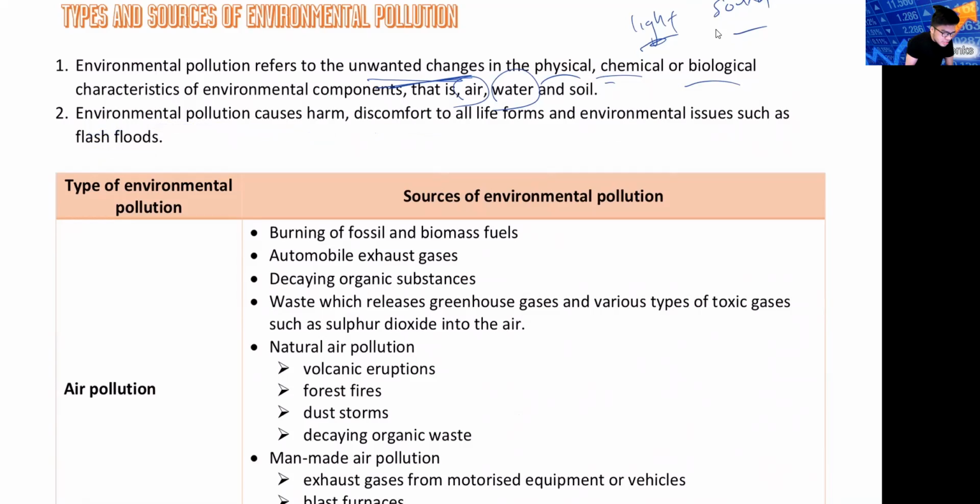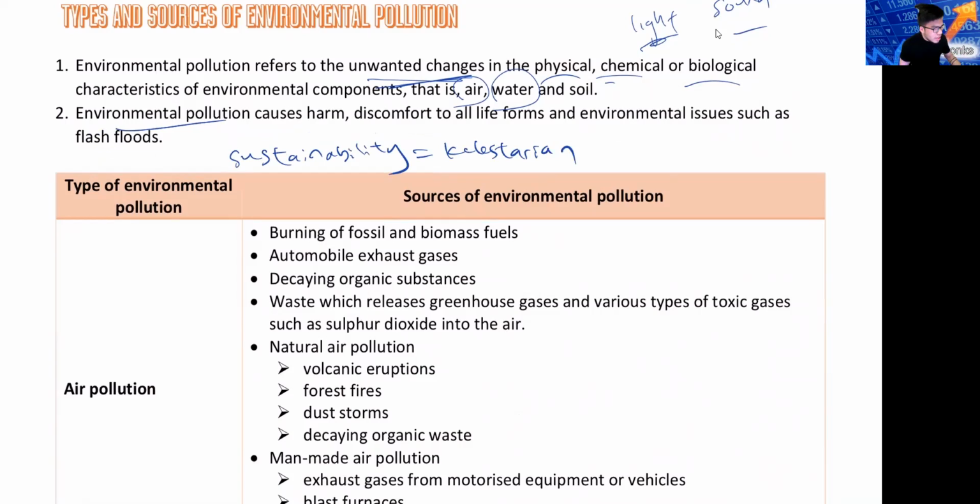So the biggest thing about environmental pollution is sustainability. This is our biggest concern. What does this mean? In BM, it's called kelestarian. This word means how long can something last?